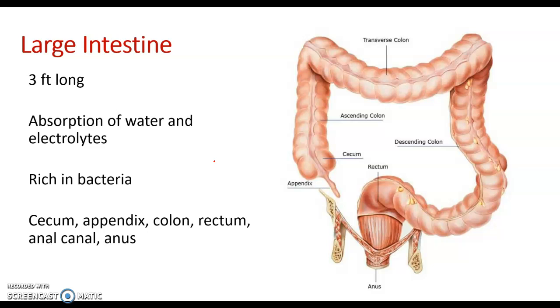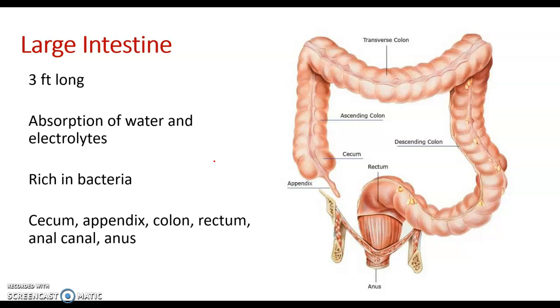It's also going to store and eliminate the feces, the stuff that is left over. The large intestine is rich in bacteria, and these bacteria produce vitamins that can also be absorbed here. The large intestine is made up of the cecum, the colon, the rectum, and the anal canal.